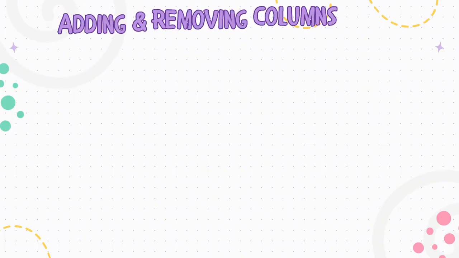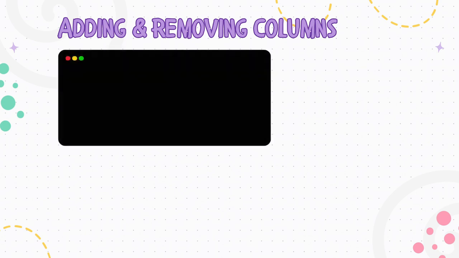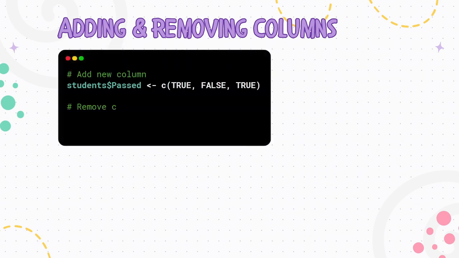Now, in order to add or remove columns, let's first talk about adding columns inside of our data frame. It's pretty simple. If I wanted to add a new column inside of our data frame, I would just mention the name of the data frame, then mention the $sign, and then write the name of the new column that I'm adding. So let's say I'm adding a logical column, that is whether the student passed or not.